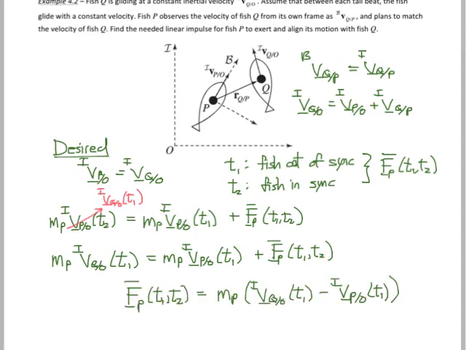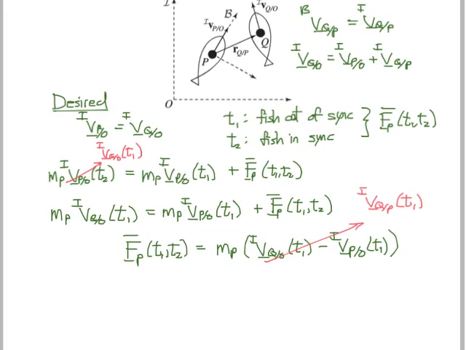And so here we get the expression for the impulse from T1 to T2 that fish P is going to apply, equal to the mass of fish P multiplied times the difference between the velocity of Q at time 1 and the velocity of P at time 1. And so we can make a substitution here where what's inside of the parentheses is the velocity of Q with respect to P as observed in the inertial reference frame, and that's the observation made at time 1.